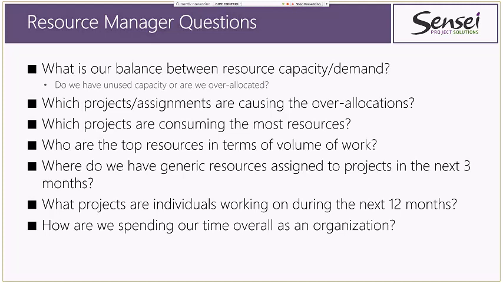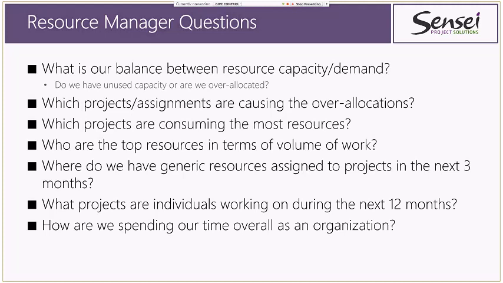What they're really asking is, do we have unused capacity or are we over-allocated? They also want to know which projects or assignments are causing these over-allocations, which projects are consuming the most resources, who the top resources are in terms of volume of work, where we have work coming up in the next 3 months that hasn't yet been assigned to named individuals, or what projects people are working on in the next 12 months, and so on.